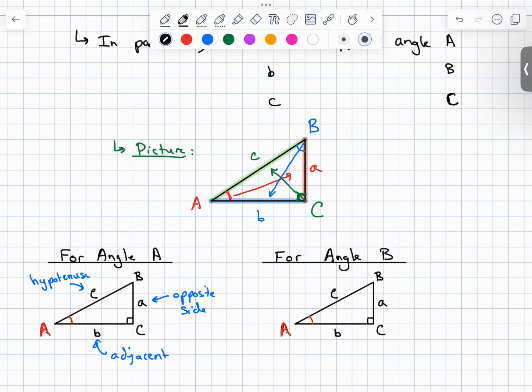So here is A, and then B. Now I did it in blue. So for B, I'll wait for a second for everyone to draw it.